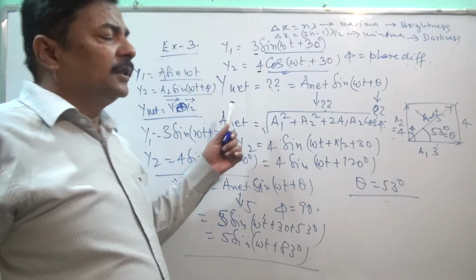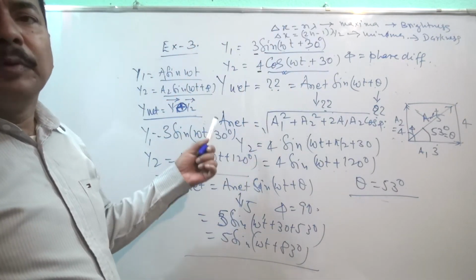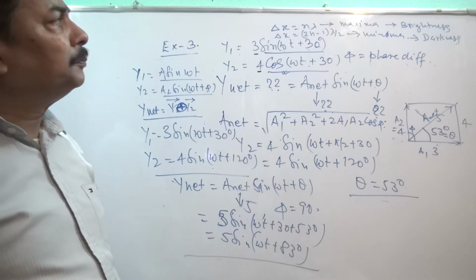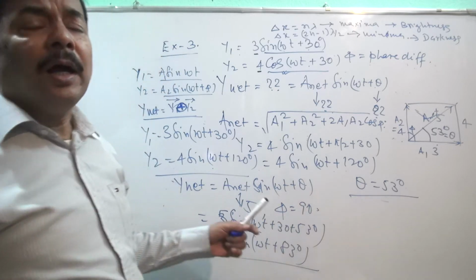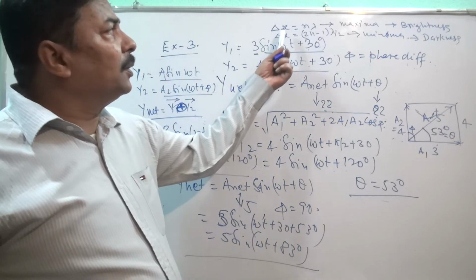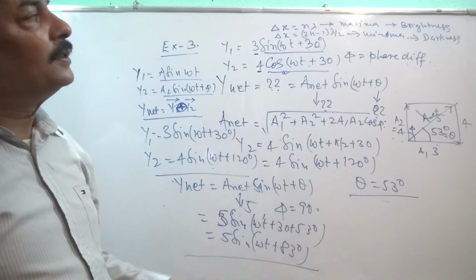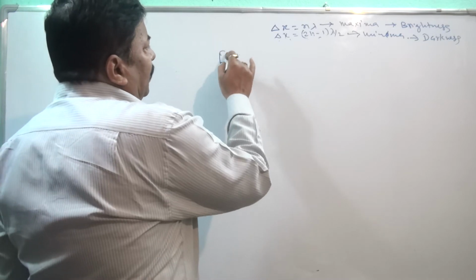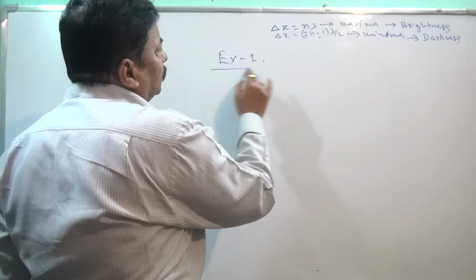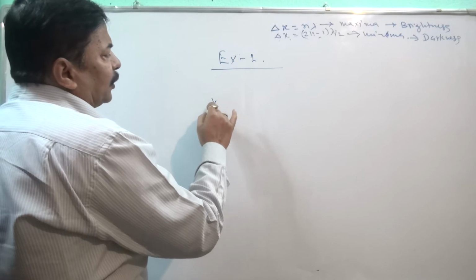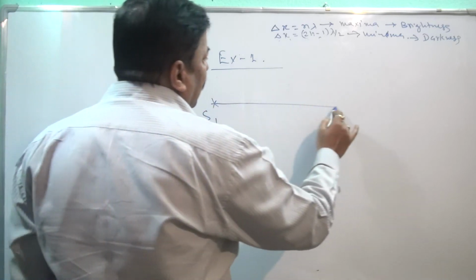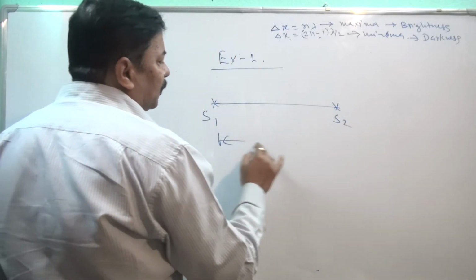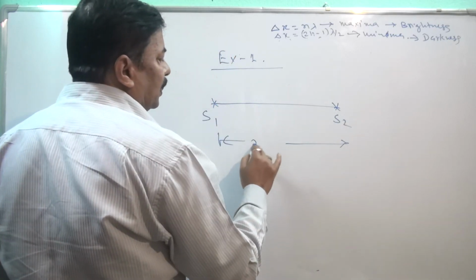So after discussing this many questions on the composition section, that means adding two waves and getting a new wave, we will move to a new type of question that is based on the path difference and phase difference concept. Let us try to understand those concepts. First example we are taking: suppose here is a source S1 and here is a source S2, and the distance between the two sources is 3.2 lambda.